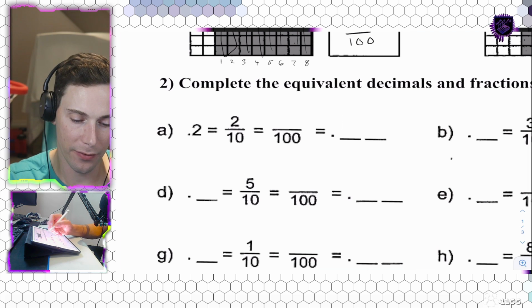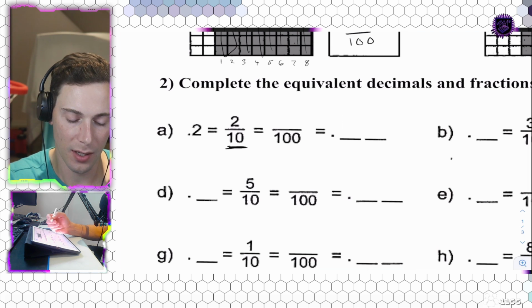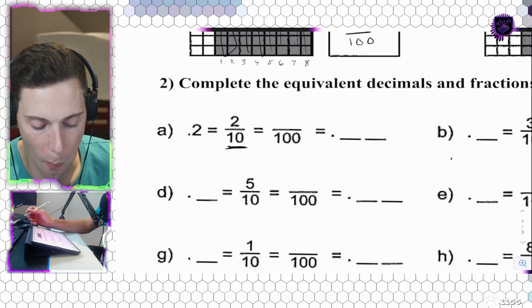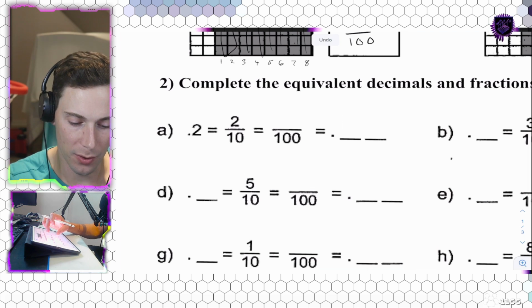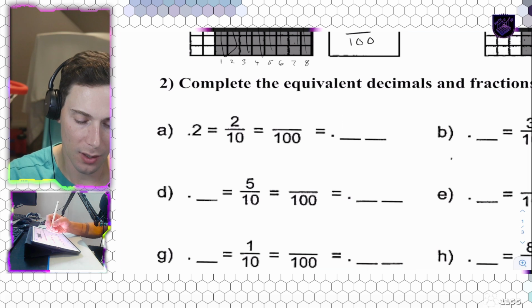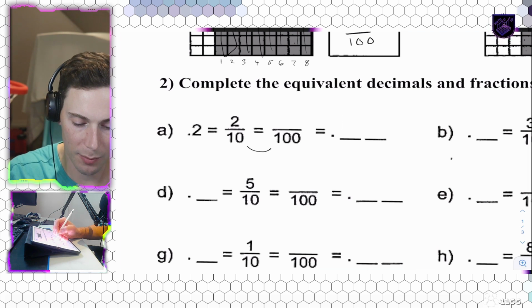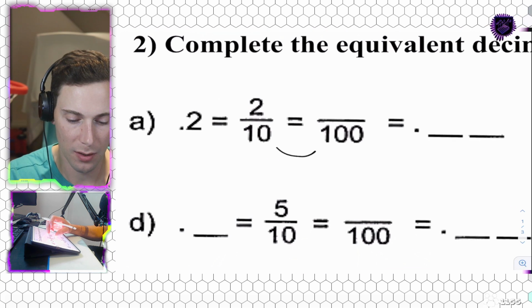So we have 0.2, and this is equal to 2 tenths. And it's asking us, what would that be in hundredths? And really what we're going to do here is multiply. What did we do to multiply the bottom here? We're looking at this specifically.